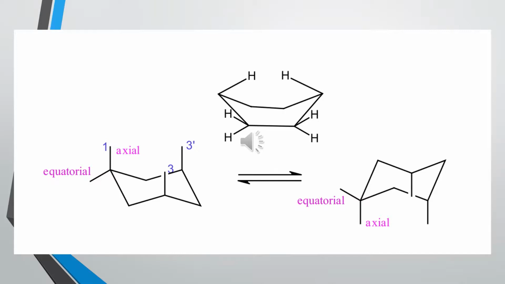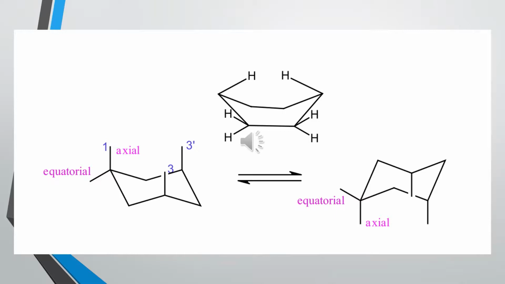which is depicted again in this slide. You can see it looks like a boat. And the reason that the boat is bad is, and I hope I've shown this adequately, for several reasons. Number one, you have those two hydrogens that are basically banging into each other at carbon 1 and carbon 4.